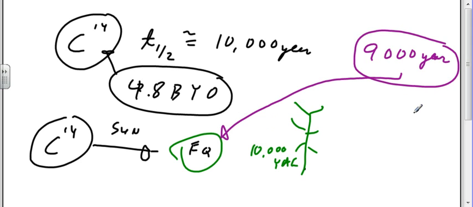So the religious right would argue that carbon dating is not going to give you the right age because your assumption that the Earth is 4.8 billion years old is wrong, and therefore you can't use carbon dating to come up with the age of some artifact, because you don't know the equilibrium amount when God created the heavens and the earth.